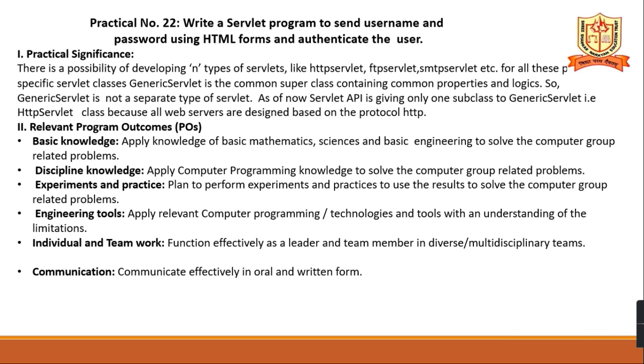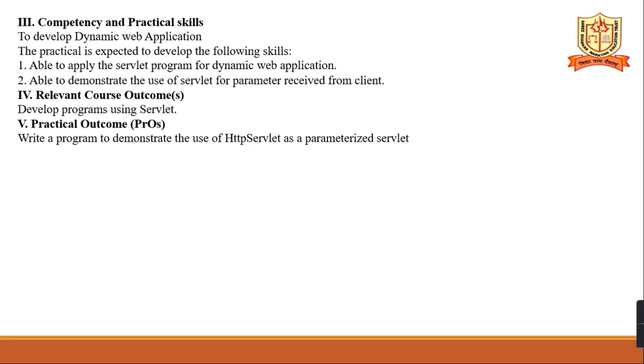The relevant program outcomes are the same for all the practicals: basic knowledge, discipline knowledge, experiments and practice, engineering tools, individual and teamwork, and communication. Next, competency and practical skills. To develop a dynamic web application, the practical is expected to develop the following skills: able to apply the servlet program for a dynamic web application, and able to demonstrate the use of servlets for a parameter received from the client.